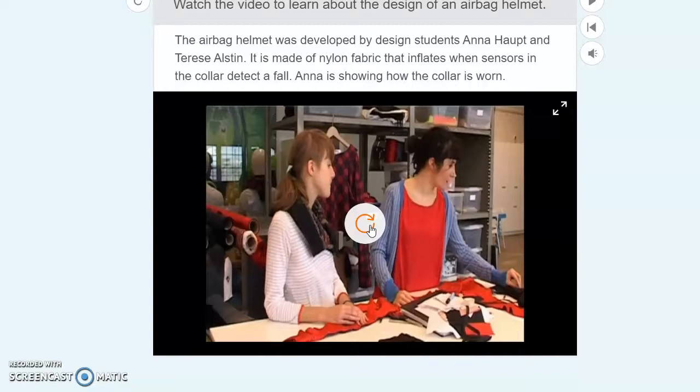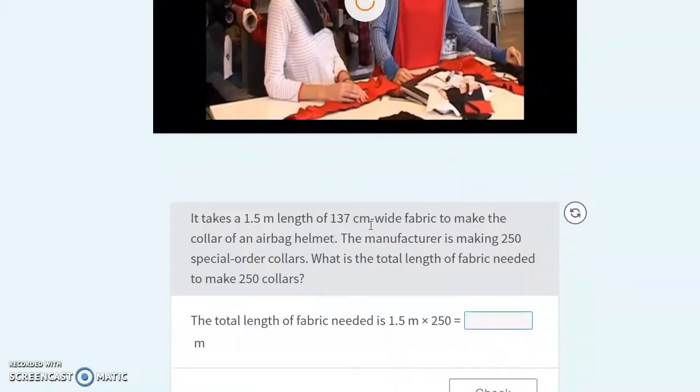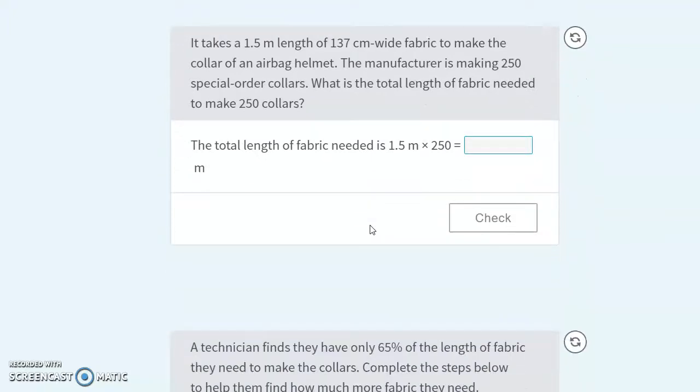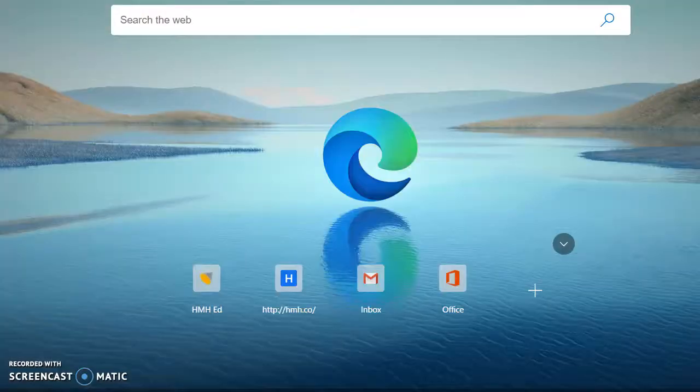All right, so there's the helmet that they created. It takes 1.5 meters of length of the fabric to make the collar. Okay, so they have to take this small amount of meters. The manufacturer is making 250, so how much do they need? They're telling you you're going to have to take 250 and times it by 1.5.